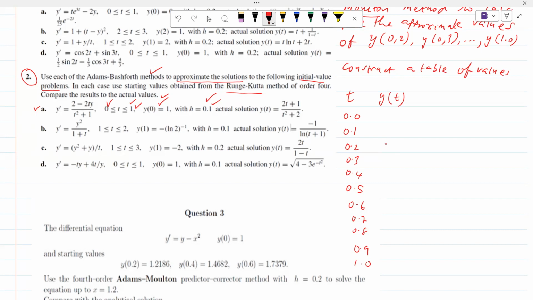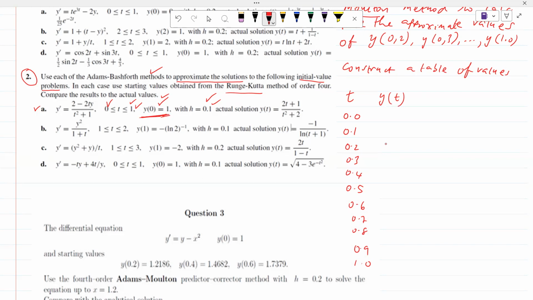So now what do we then do here? We construct this and we make a couple of realizations. What is the value of the function, for instance, it's a given, what is y at 0? Obviously there's a given initial value.